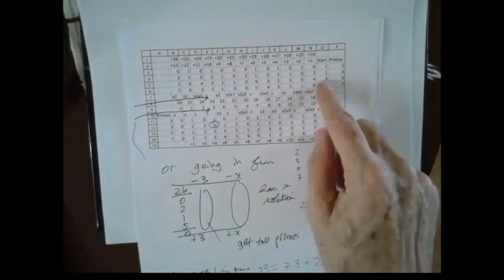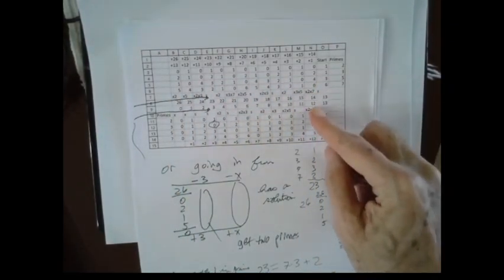Table 1 finds the solution, table 2 finds the primes, and combine those, and you can find the primes.